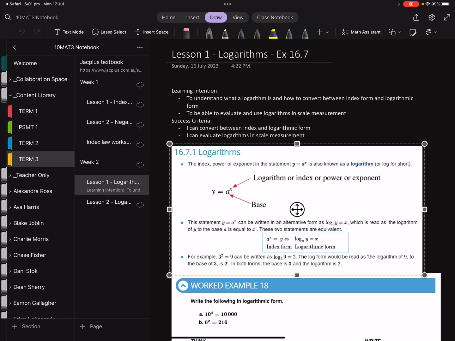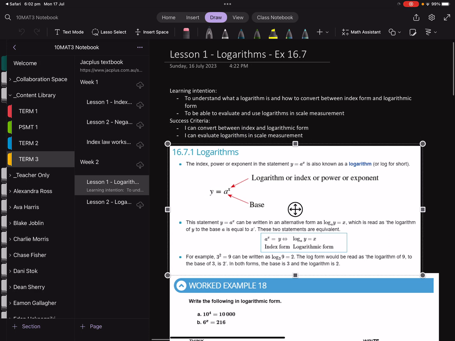So this statement, y equals a to the power of x, can be written in an alternate form as log base a of y equals x. So our value here goes into our value here, and our power goes to our equals value, which is read as the logarithm of y to the base a is equal to x.